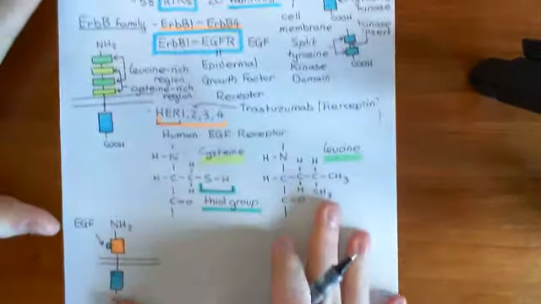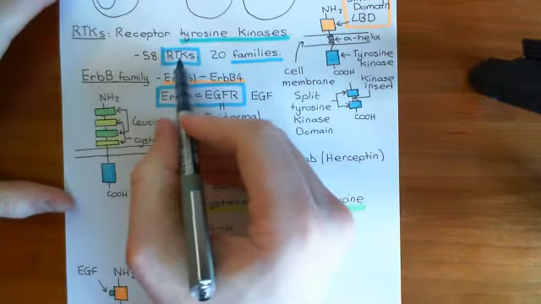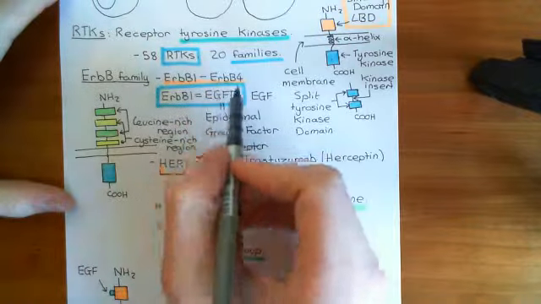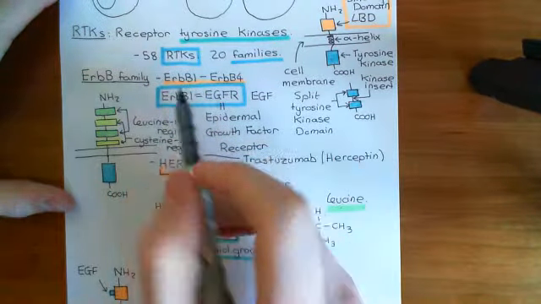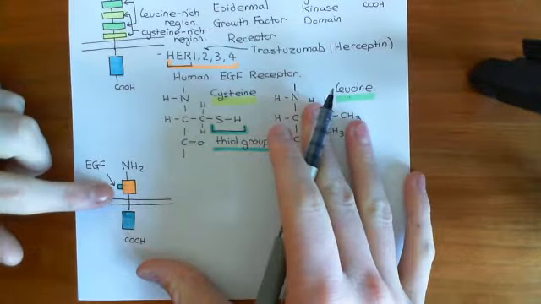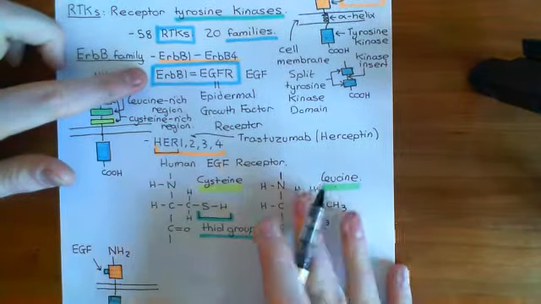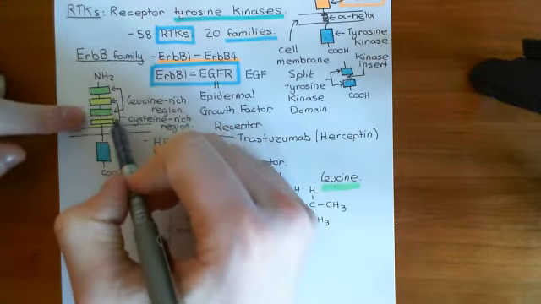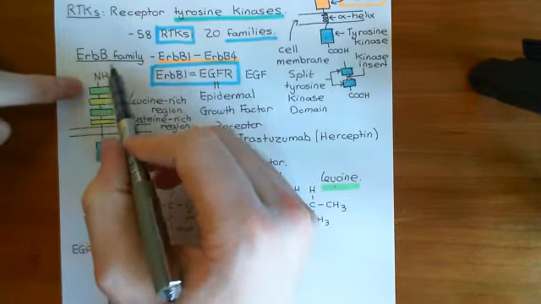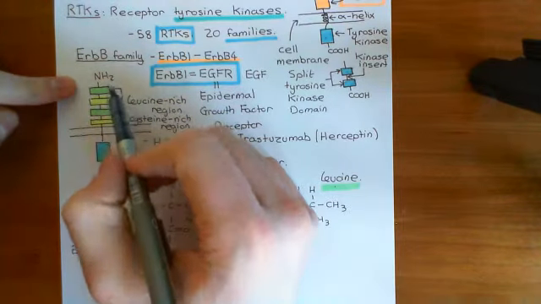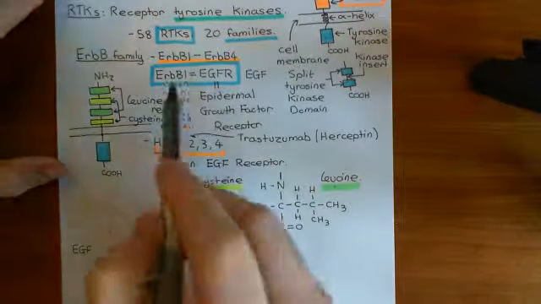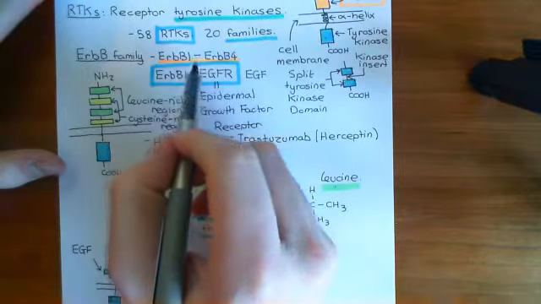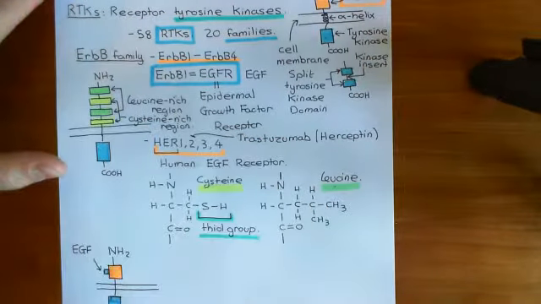You remember I told you that there are 58 different receptor tyrosine kinases, and there are 20 families of these. If we are talking about an ErbB family member that has just been activated by its EGF, it can only now dimerize with another ErbB family receptor tyrosine kinase, because only the other ErbB family receptor tyrosine kinases will have similar enough ligand binding domains that they can dimerize with each other. So it can dimerize with any one of the other 3 epidermal growth factor receptors, or ErbB receptors.